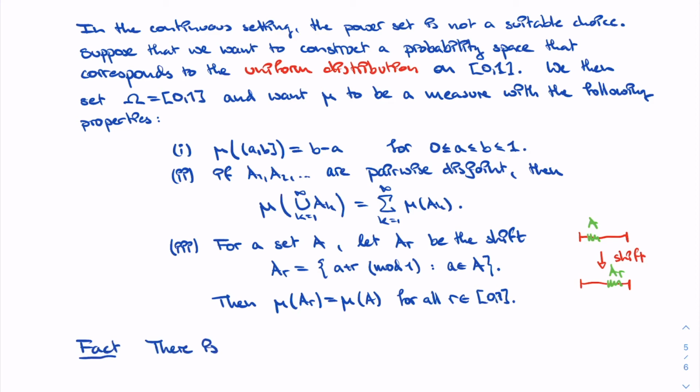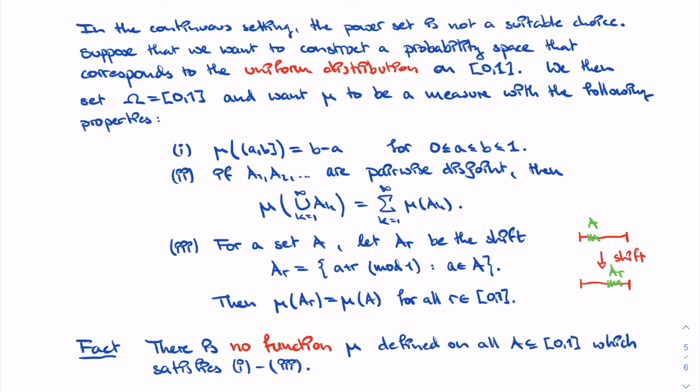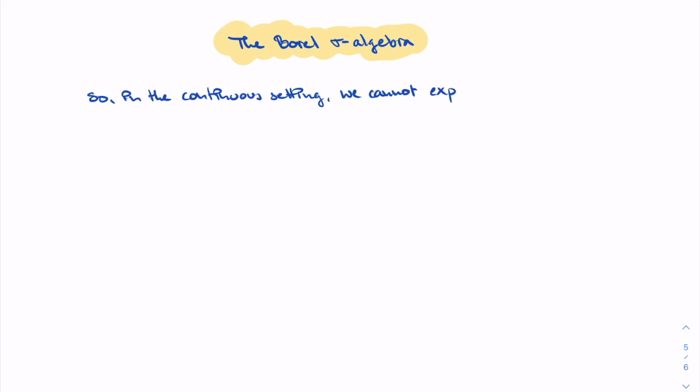As it turns out, there is no function mu defined on all subsets A of the interval which satisfies these three properties, at least not if we assume the axiom of choice. So, in the continuous setting, we cannot expect to be able to measure all sets.